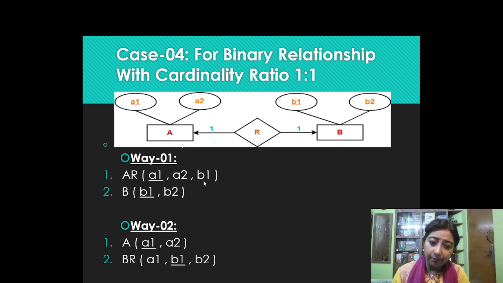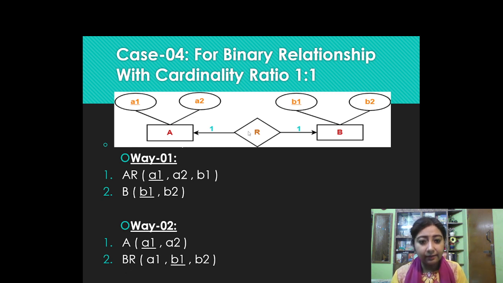And if B1 is coming as a foreign key in AR, then B cannot take A1 as the foreign key. At that time, it will be B1 and B2 only. This is way number 1. In way number 2, A is now only taking the attributes A1 and A2.